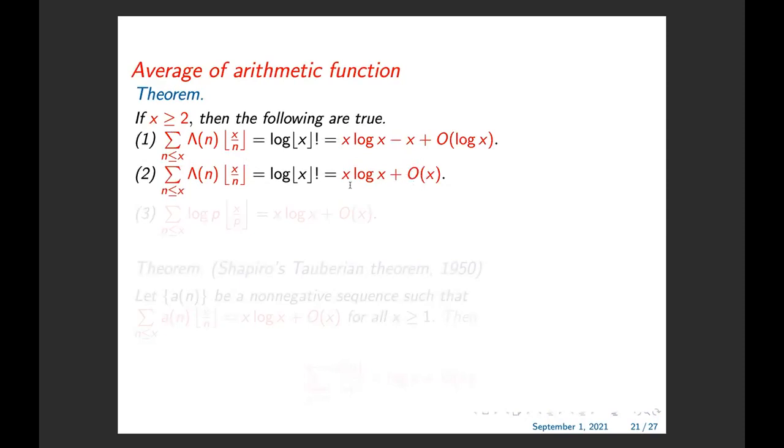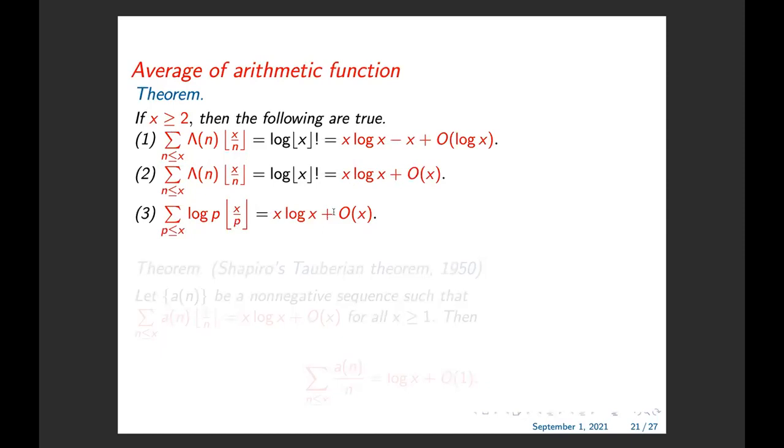So this is trivial. The next identity is, if you consider log p times the floor of x by p, then this is equal to this expression.